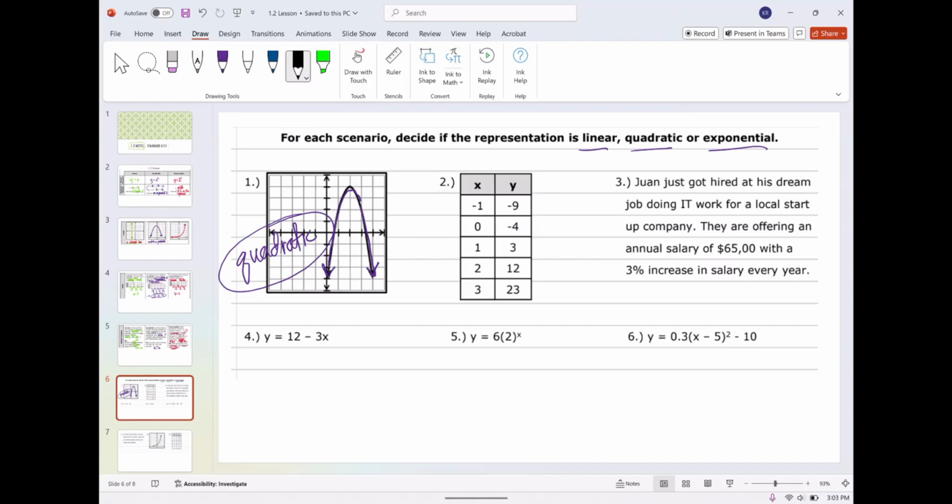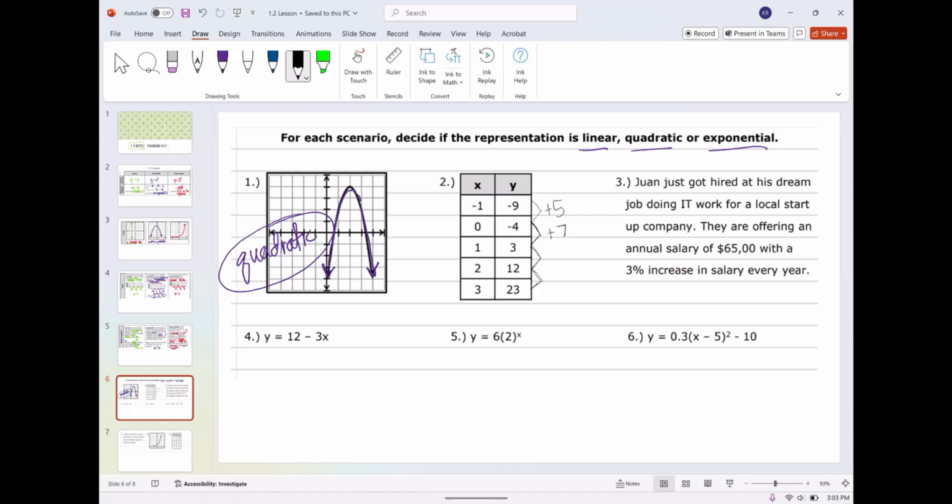For this number two example, we're looking at a table. We want to look at what the differences are. What's happening to get from one y value to the next y value? Well, let's see, -9 to -4, that's adding 5. -4 to -3, that's adding 7.